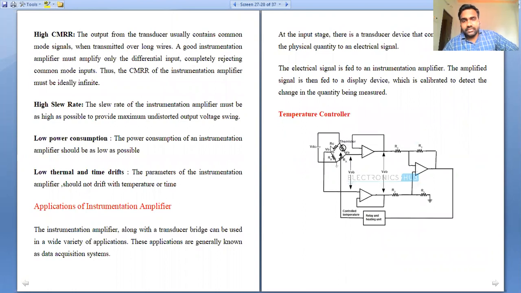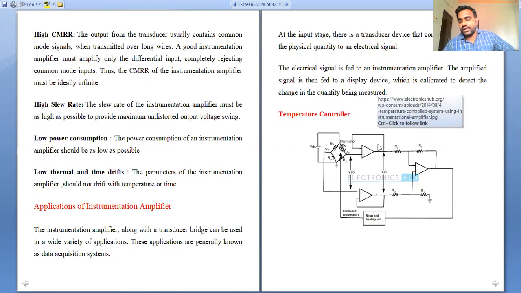This looks like a Wheatstone bridge, balanced with a specific reference standard temperature. If there is any change in temperature, the bridge will come into an unbalanced condition, and that change can be observed as a change in output voltage, detected by this instrumentation operational amplifier.